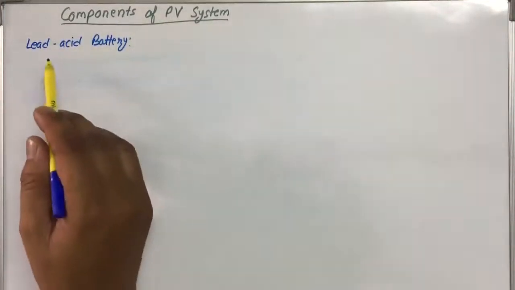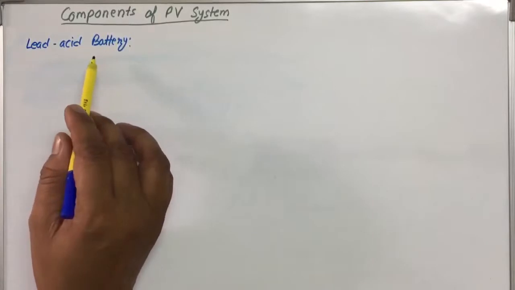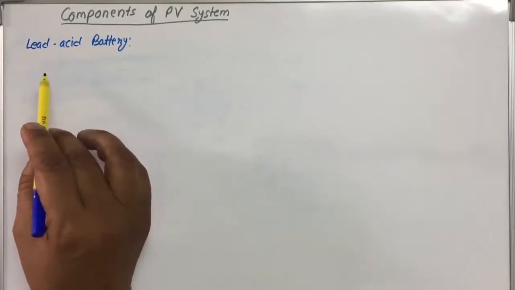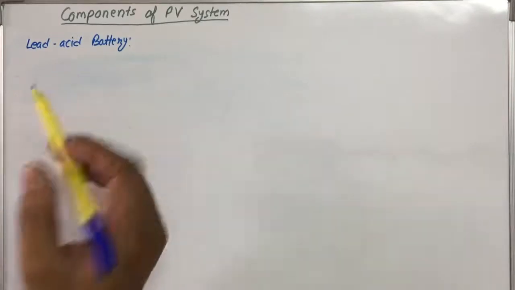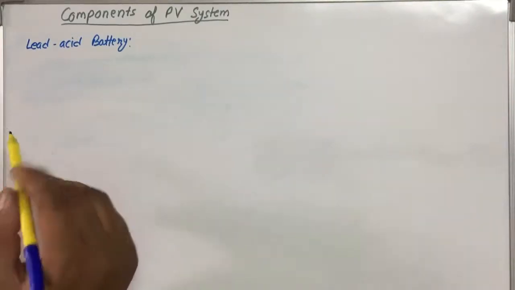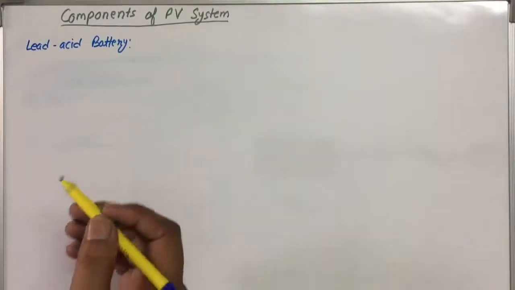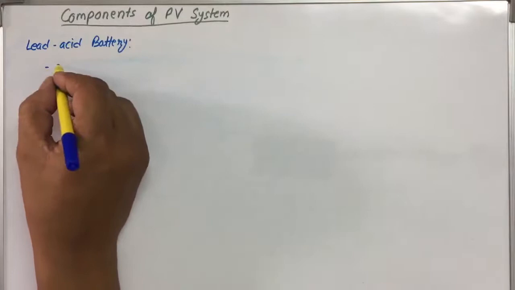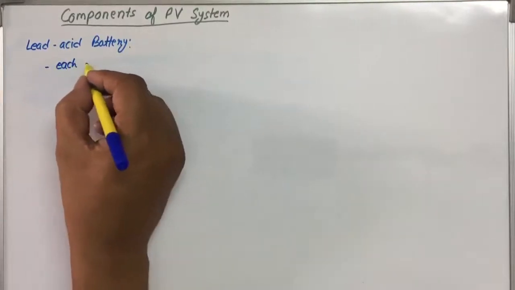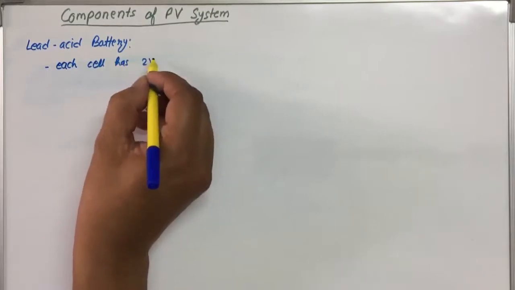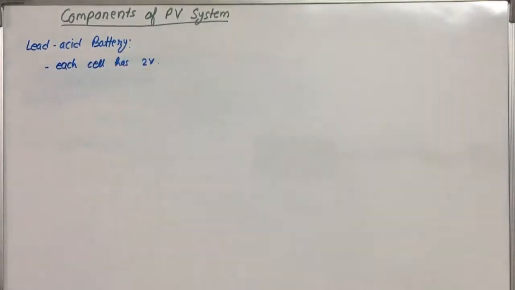Now let us discuss lead acid batteries. A battery is composed of several individual cells, and each cell has a nominal cell voltage of 2 volt. There are different types of assembly.